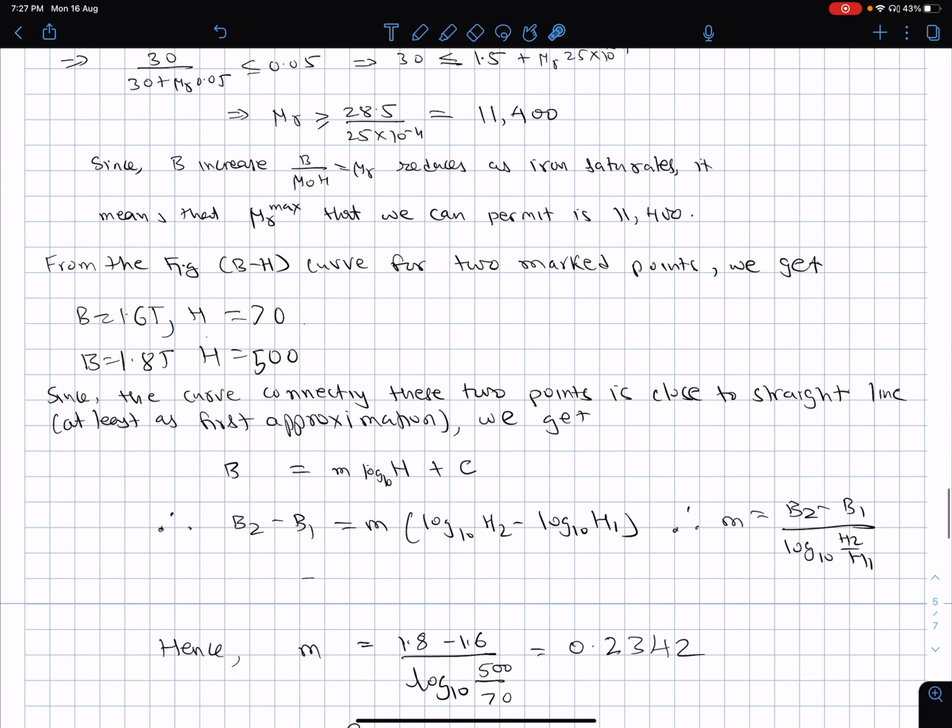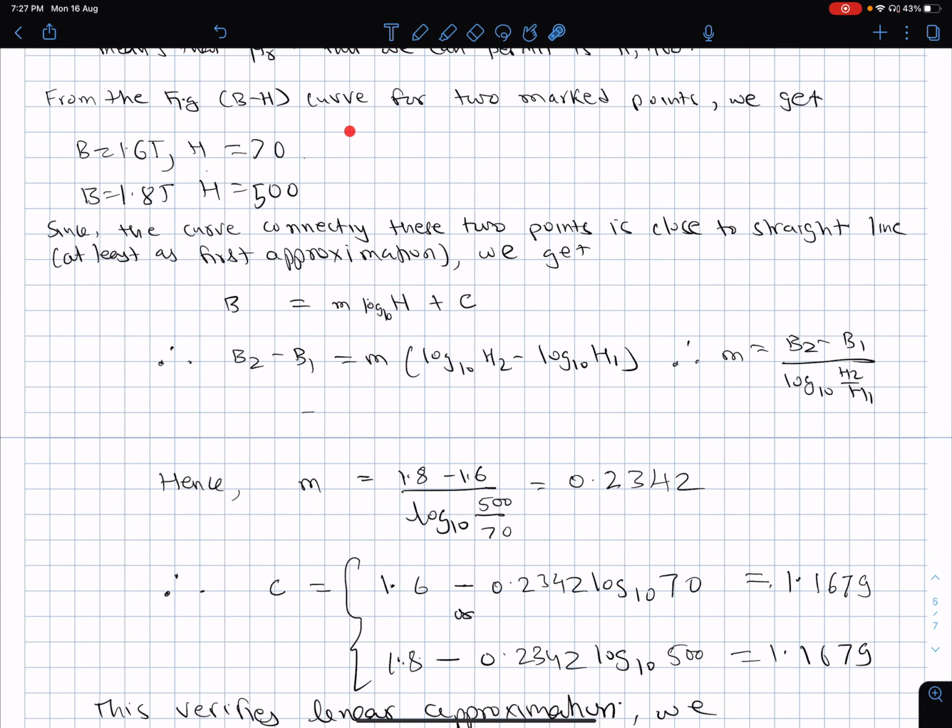So the straight line on a semi-log sheet can be written as B equals M log10 h plus C. If you take two points, B2 and B1, and subtract B2 minus B1, you will get M times log of H2 minus log of H1, and this constant C will disappear. But log M minus log N is log of M by N. So therefore the slope can be written as this.